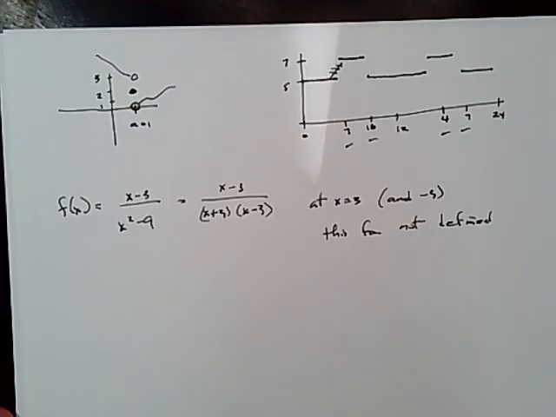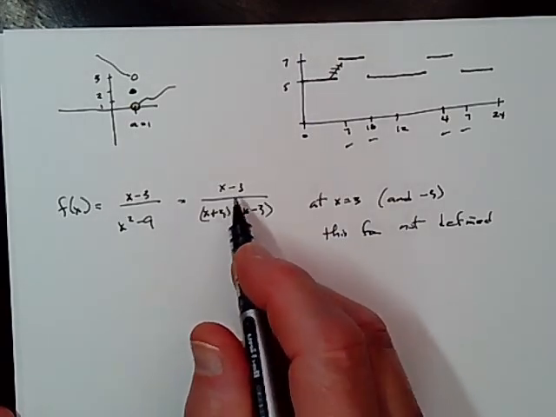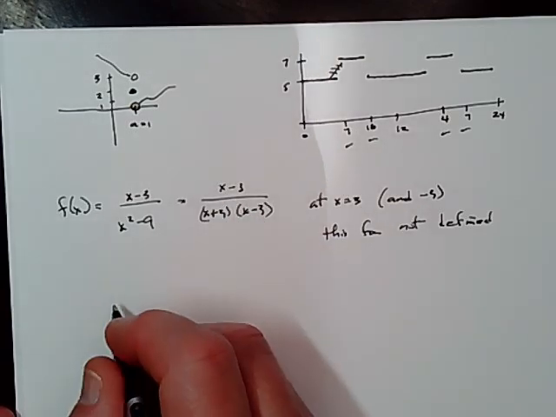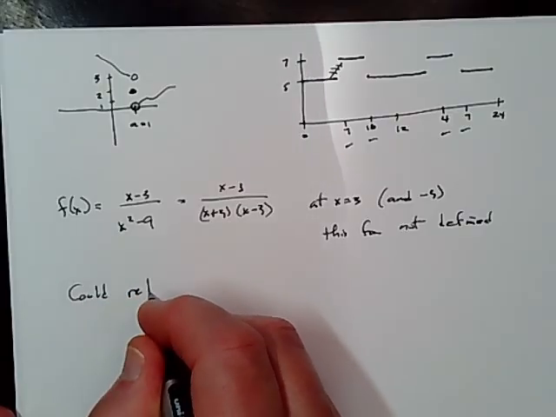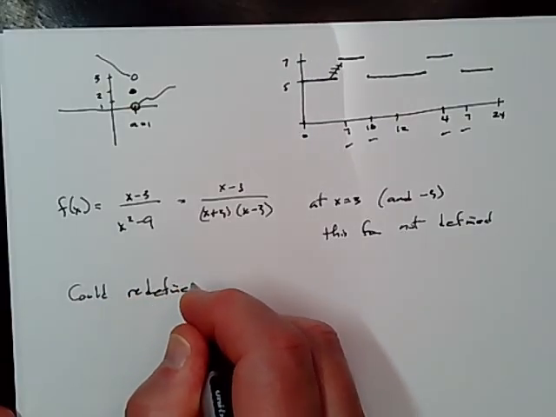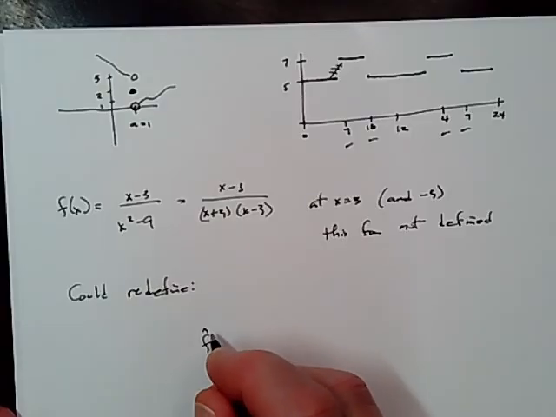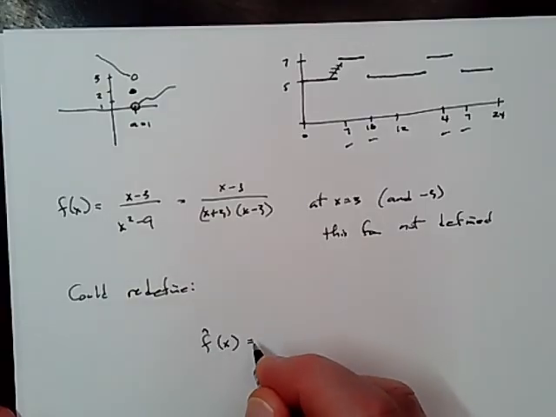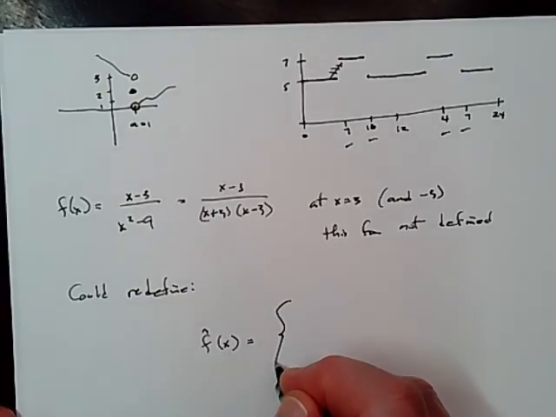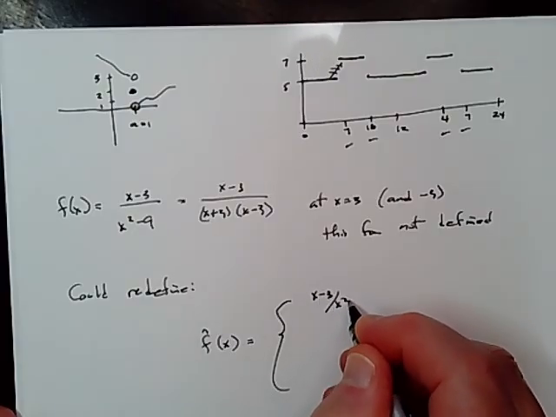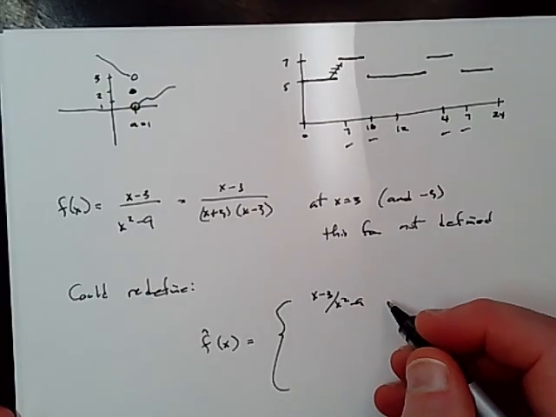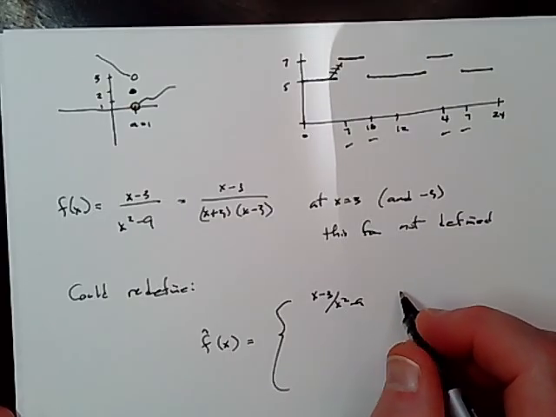But because the x minus 3's cancel, we could, if we want, plug the hole at x equals 3. So we could redefine it. I'm going to call it f hat, just to give it a different name. It's the original definition, x minus 3 over x squared minus 9, when x is not equal to 3.